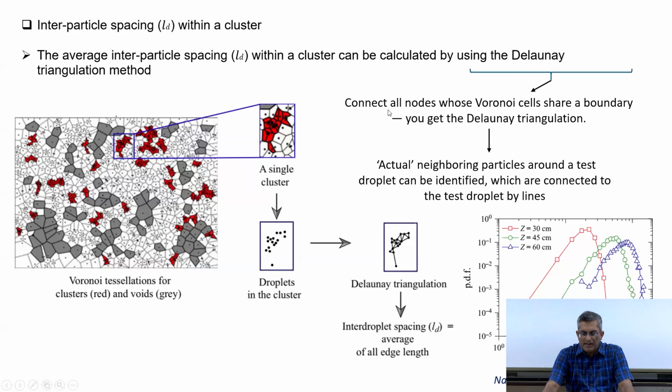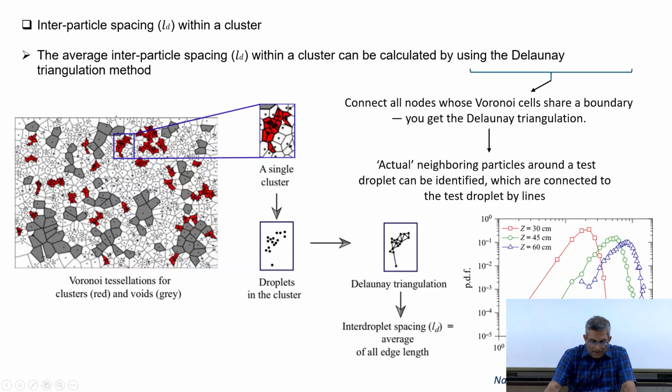If you connect all the nodes in a Voronoi cell, as you can see here, where the nodes mean the particle positions, you connect one node to the neighboring nodes, such that you connect only those cells which share a boundary.